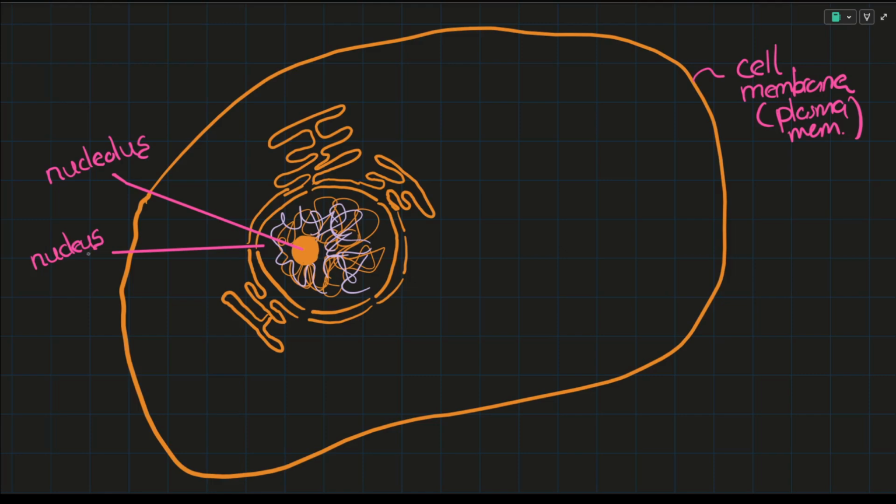So the nucleus is simply comprised of the nucleolus and chromatin. And chromatin.